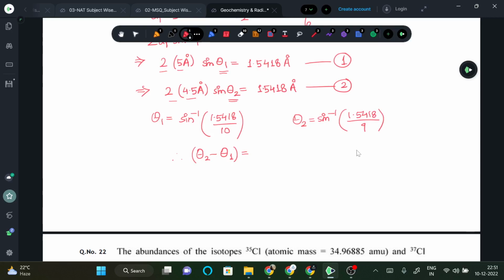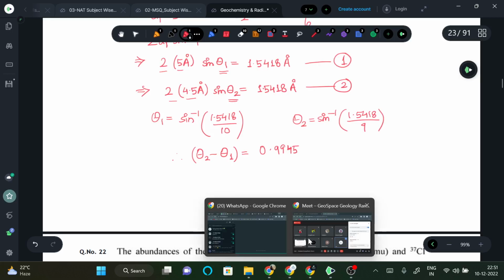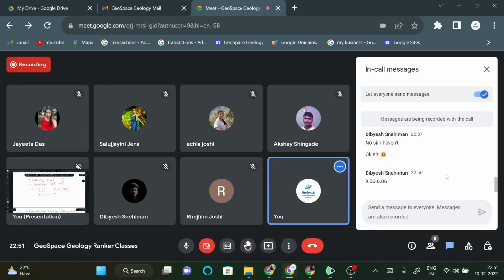Theta 2 minus theta 1 is coming out to be 0.99445, right? Yes, Dipesh, right.